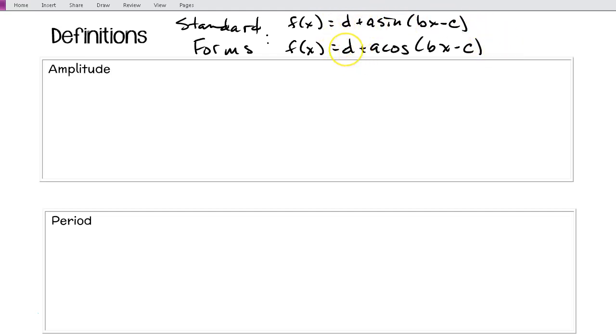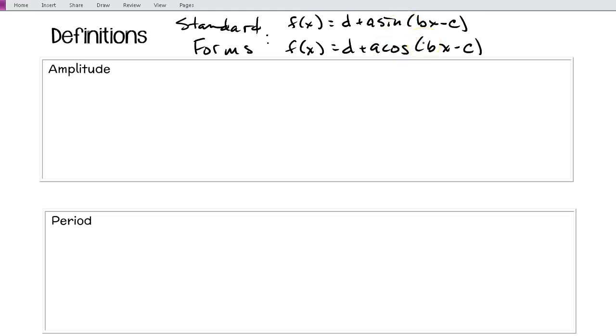Typically I like to write it in the front, but it could easily be added or subtracted if it's a vertical shift down to the back. And when we get to the other trig functions, we're going to use these same standard forms. We'll just substitute out sine or cosine for tangent or cotangent or secant or cosecant.